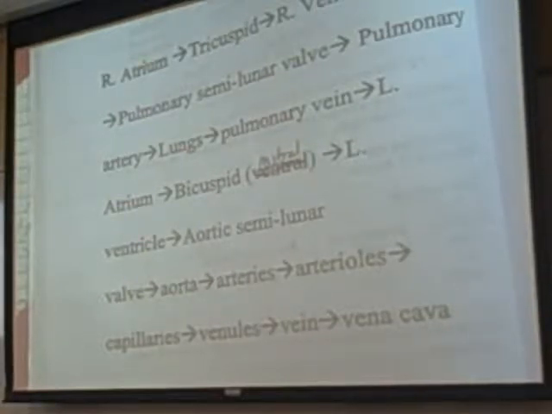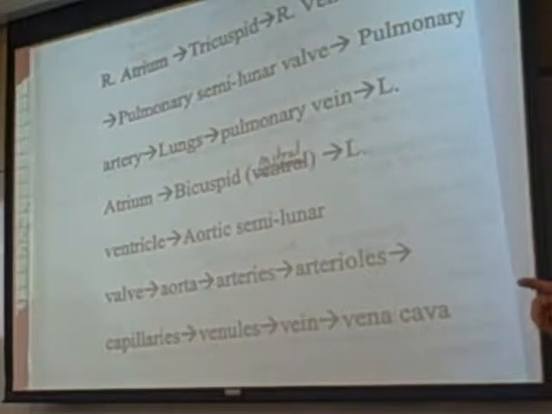And then the pulmonary vein coming out of the lungs. If we say all veins return blood to the heart, that's true. And if I said all veins carry blood low in oxygen, that's true for all veins except this one.